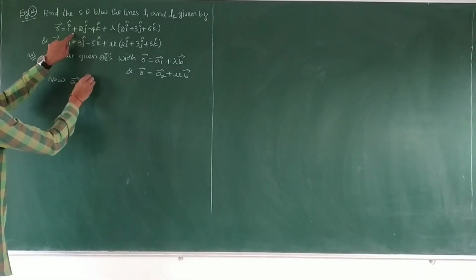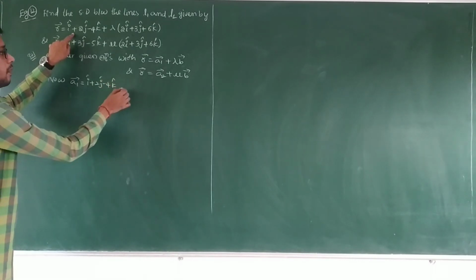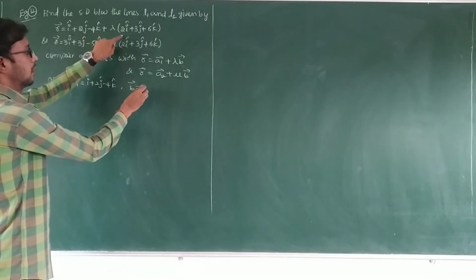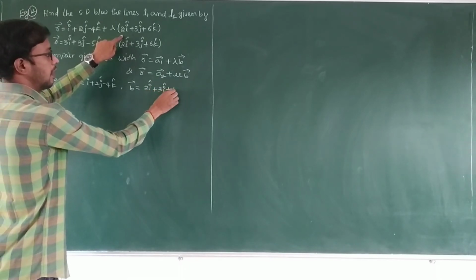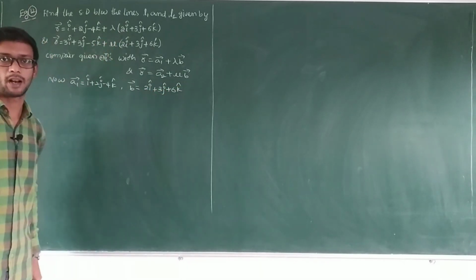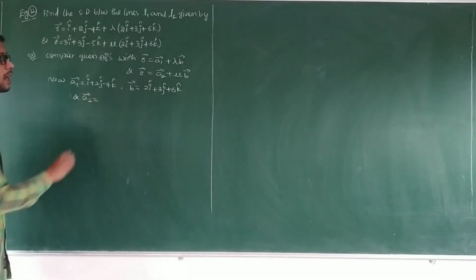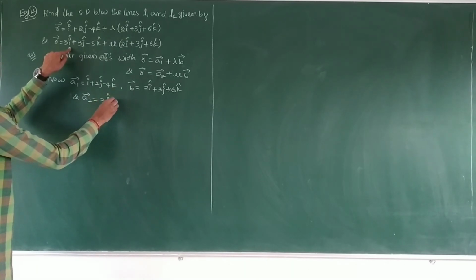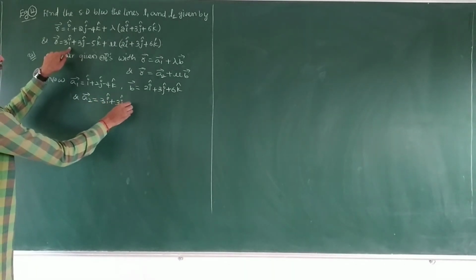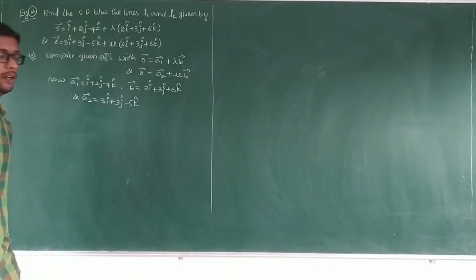I cap plus 2j cap minus 4k cap, and b bar is 2i cap plus 3j cap plus 6k cap. Next, a2 bar is the second line's first vector. Again b bar is the same, no need to write b bar again.